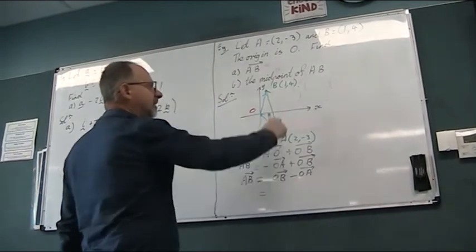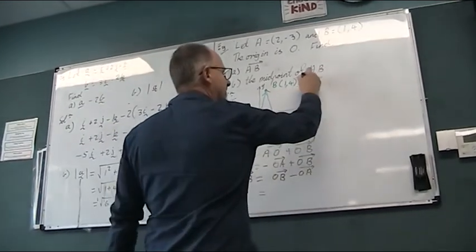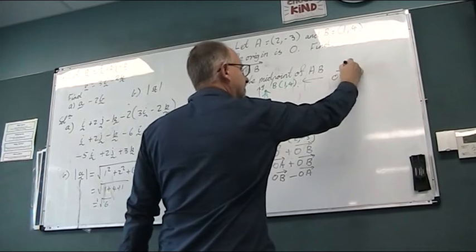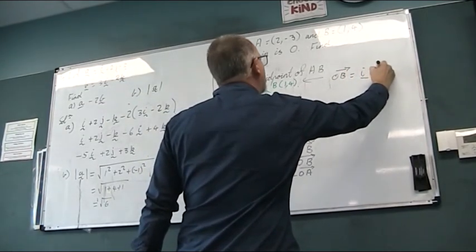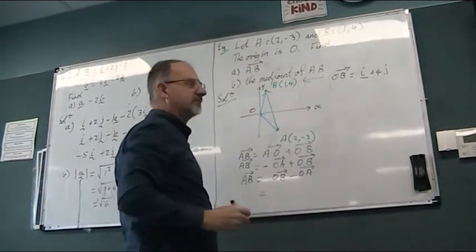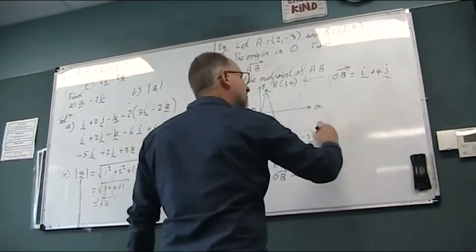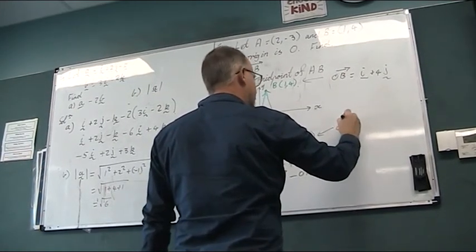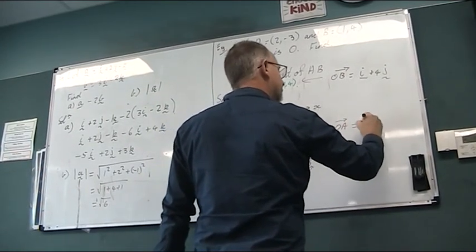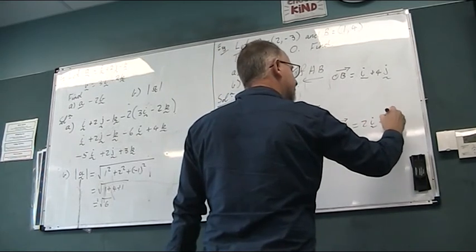Alright, so O to B then, well, O to B of course is related to that. And so that's i plus 4j. And vector OA is related to that, which is 2i minus 3j.